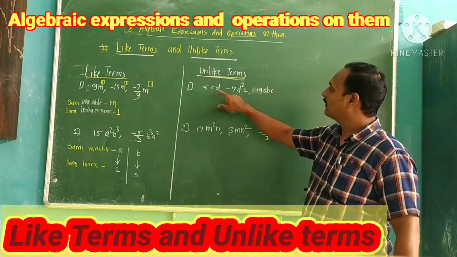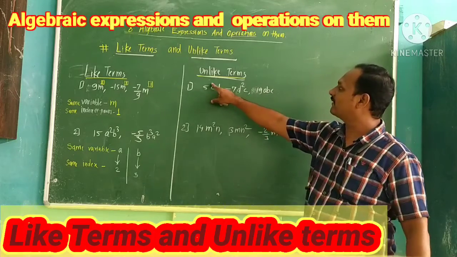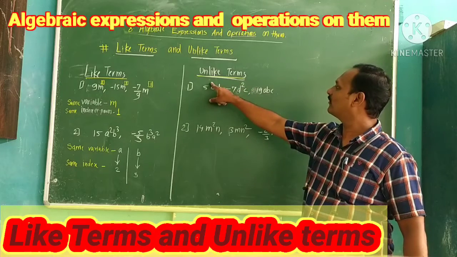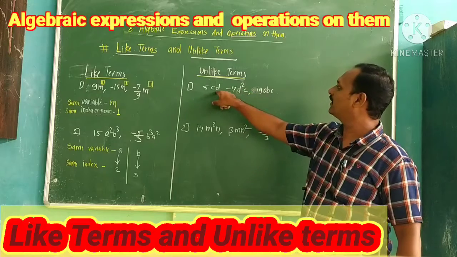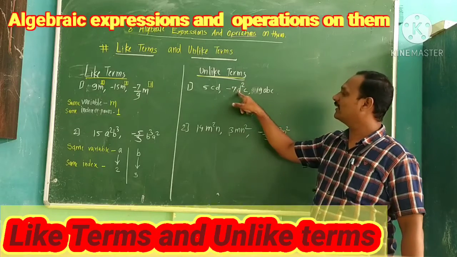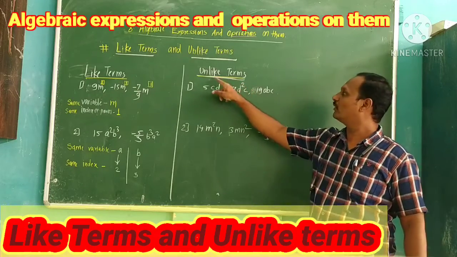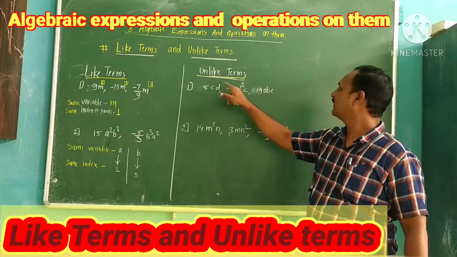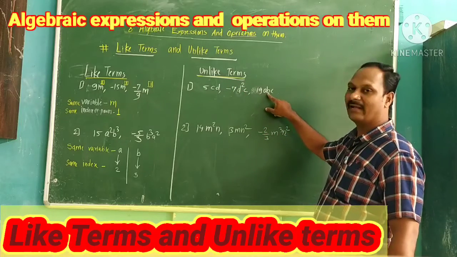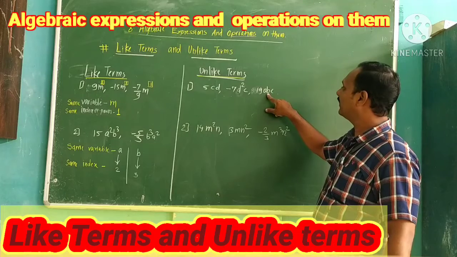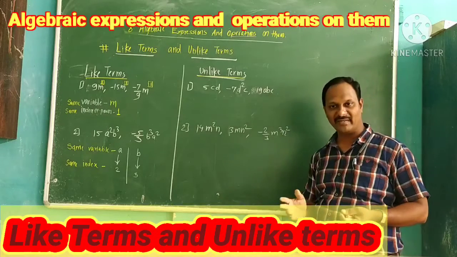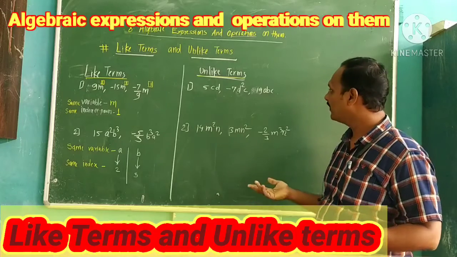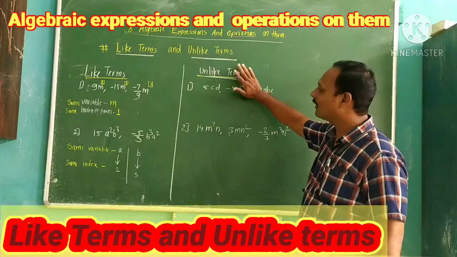Here cd and cd are the same, but their indices are different. The index of c is 1, here is 1, and the index of d is 1, but here the index is 2. So it is not the same index, and here the variable is also different. So there are no same indices and not the same variables. So this is called unlike terms.